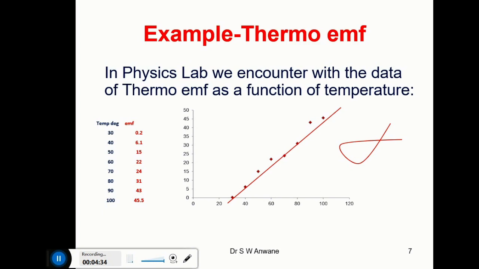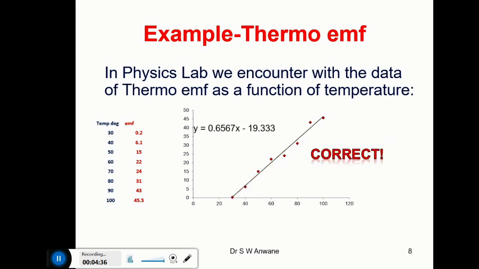So this is also not a correct way. Then what is the correct way? So here I have plotted a line whose equation I have shown you, and this is quite correct in the sense that some data points are on the line, some are above the line, and some are below the line. The deviations you can study, you can sum them out and the sum of deviations would be zero. So this is a better way.